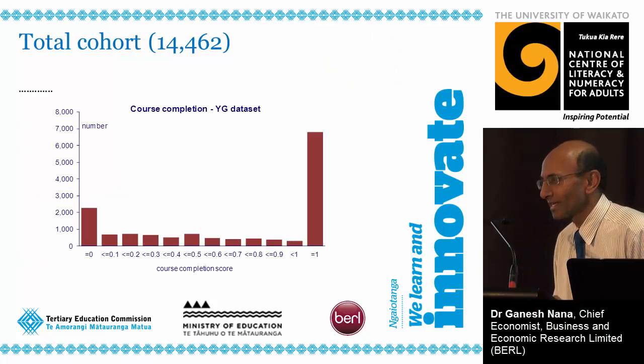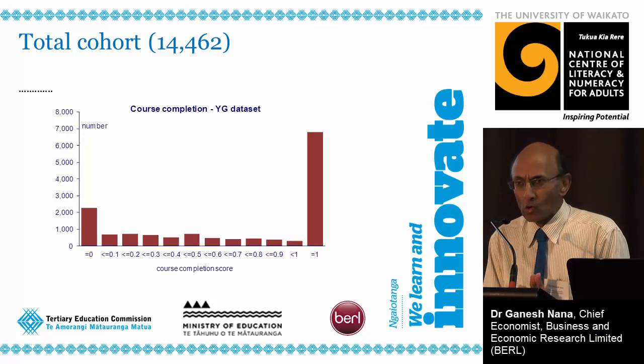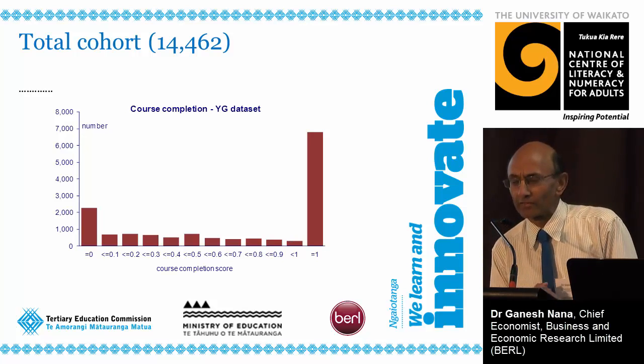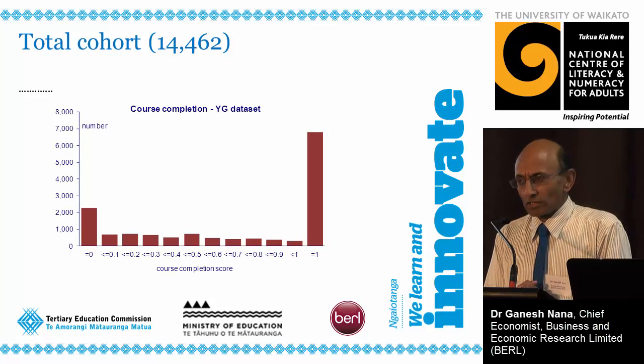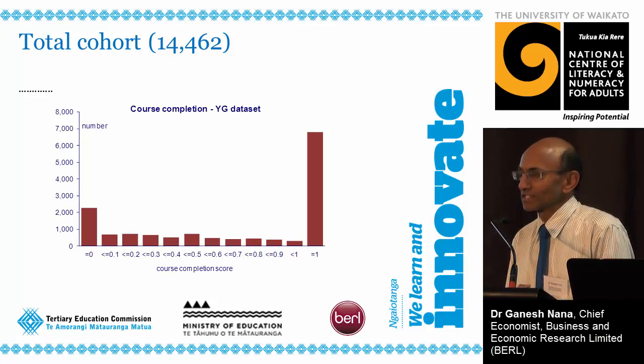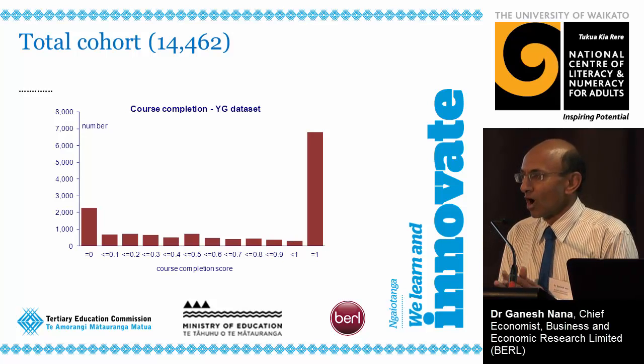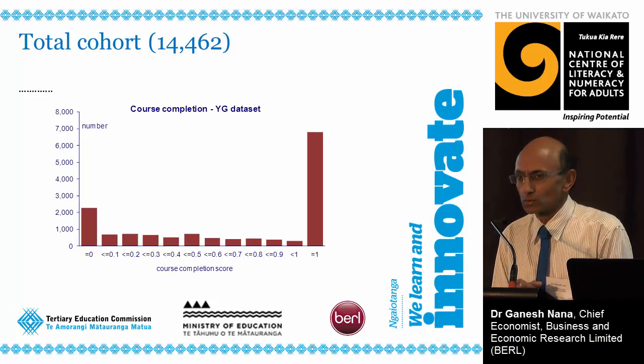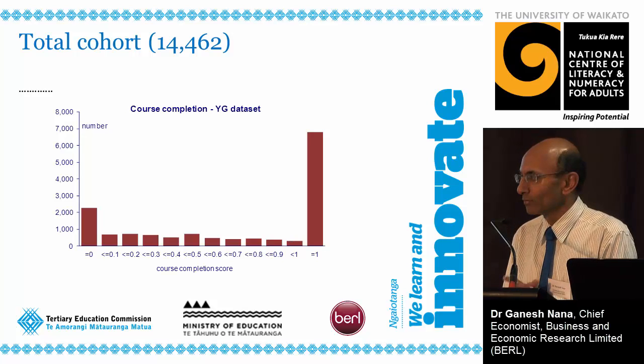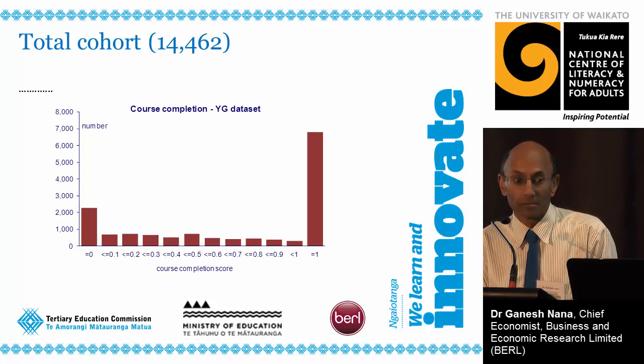How does that look in our data set, that dependent variable, or that variable that we're trying to explain? What we plotted was nearly 14,500 observations of individual students in the Youth Guarantee program over the 4 years, 2010 to 2013.